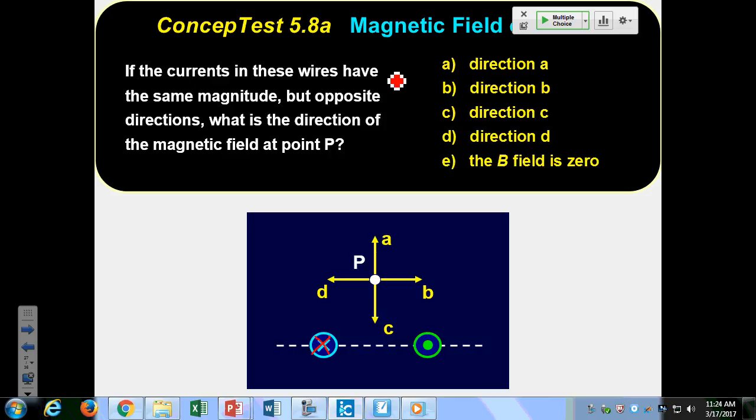Doing this first one, I know the magnetic field goes around in this direction, so at that point it looks like that. For this other one right here, the magnetic field goes in this direction, so at this point it's right there, and so they add up to give us that vector. But notice that you could have any one of these combinations. It depends how your wires are oriented.